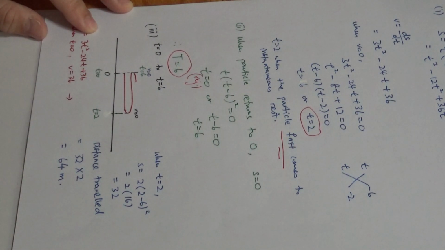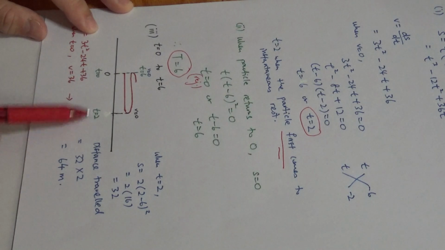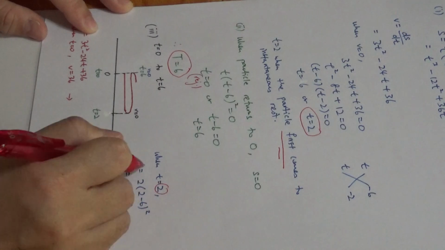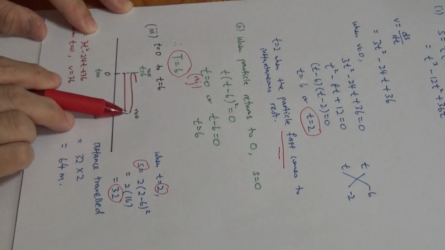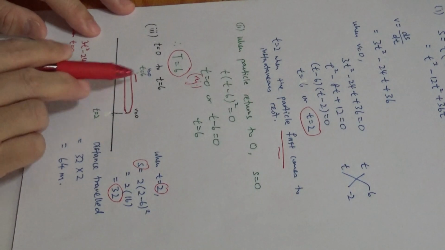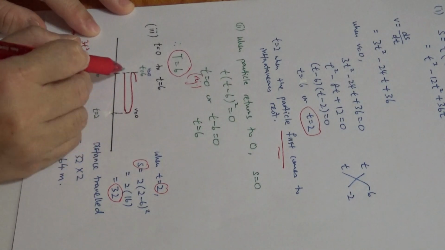The question says find the distance traveled from t=0 to t=6. From t=0 to t=2, I will have this distance here, and when I substitute 2 into s, I'll get 32. So this is 32. When it moves back here, it is still 32. They only want until 6, they don't want further, so we just measure from here to here.